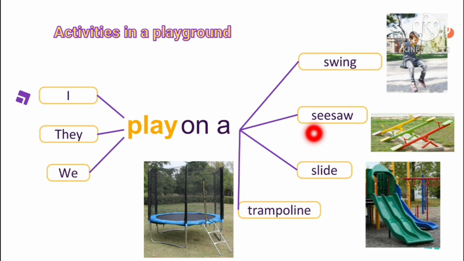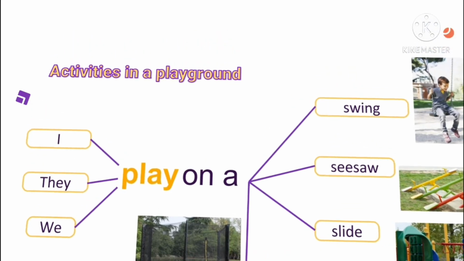So, it's for seesaw, slide, and trampoline. I play on a seesaw. They play on a seesaw if they are playing this, or we play on a seesaw. Okay, how about the other objects?